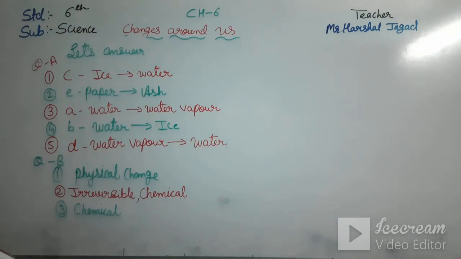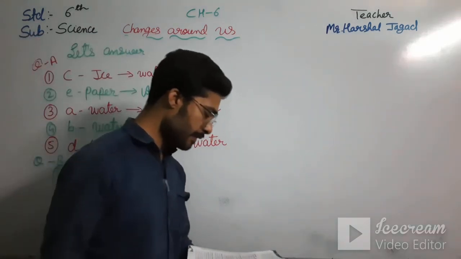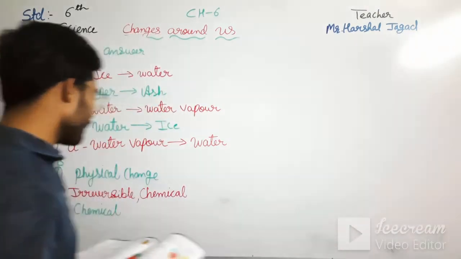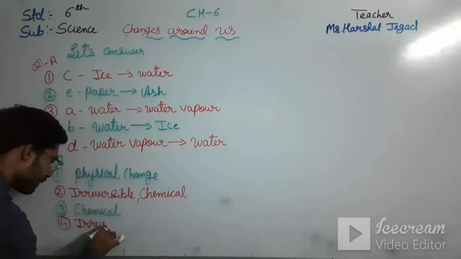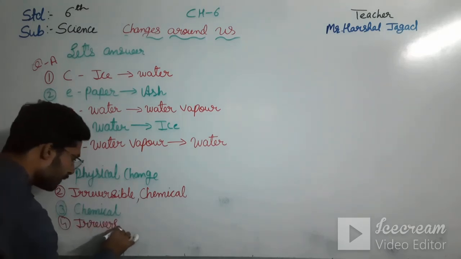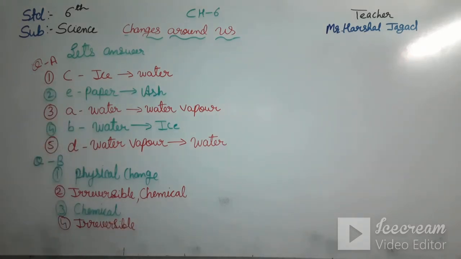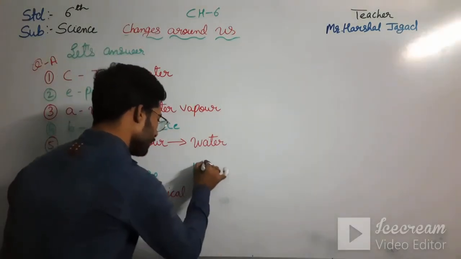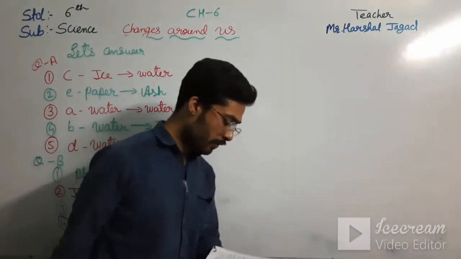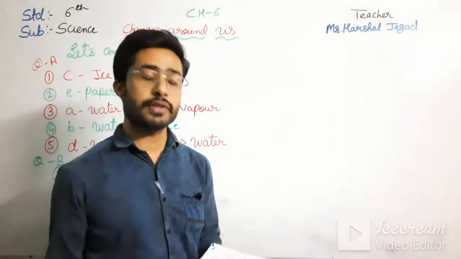Fourth one, making curd from milk is a dash change. It is irreversible change. And the fifth and the last one that I am writing over here, growth of a puppy into a dog is an example of dash change.